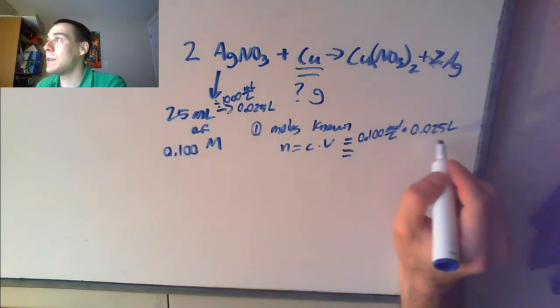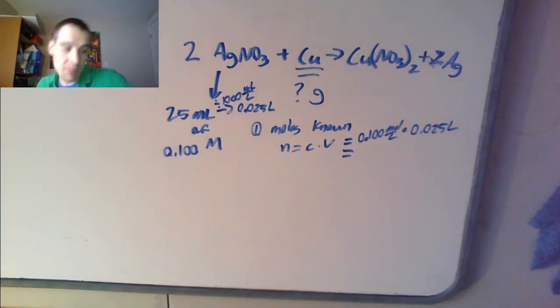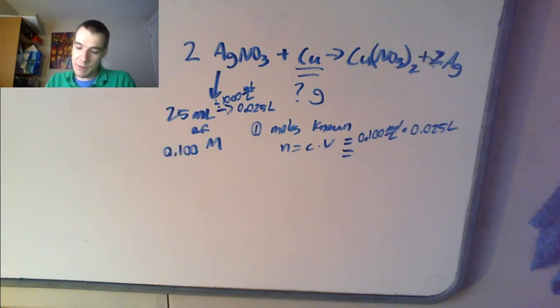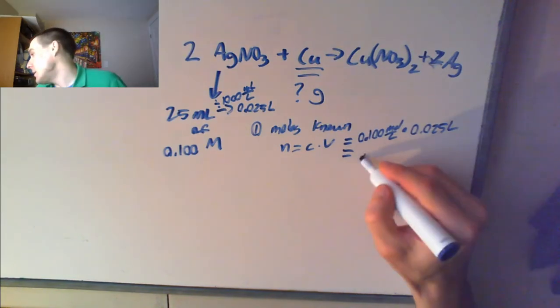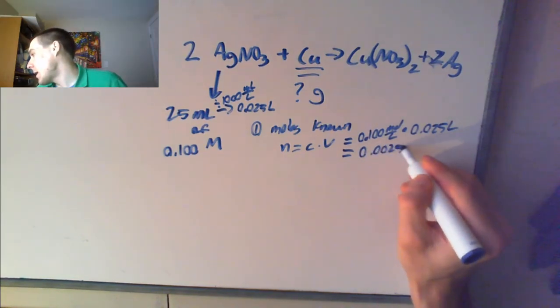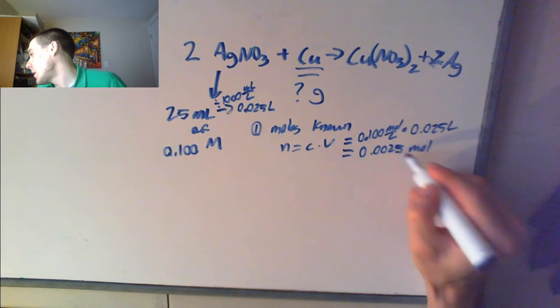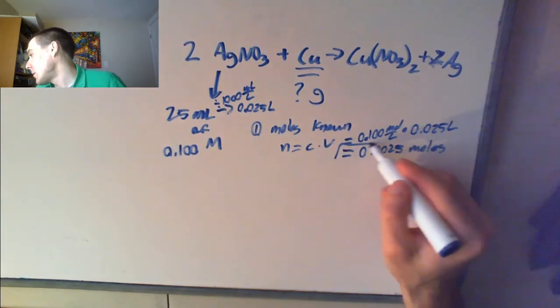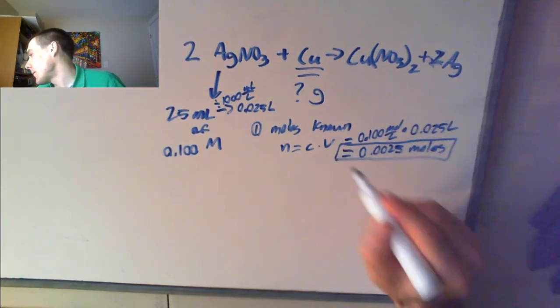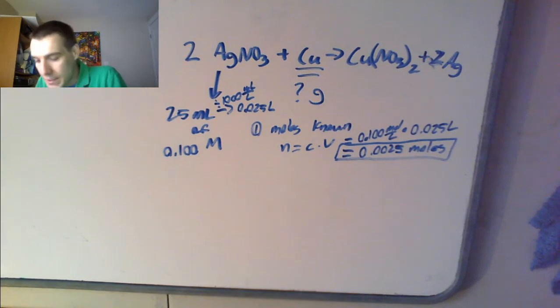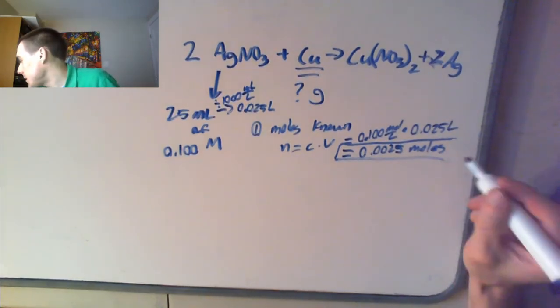If you do it in milliliters, you'll end up in millimoles, which is fine, but then you have to deal with millimoles. So 0.1 times 0.025 is 0.0025 moles of AgNO3.